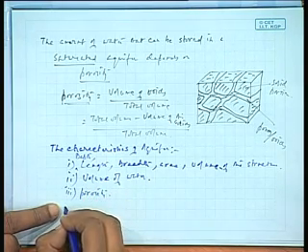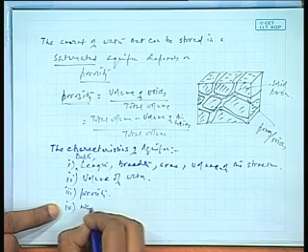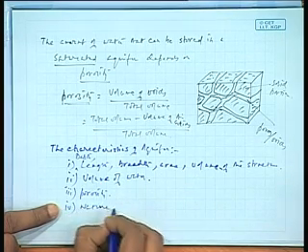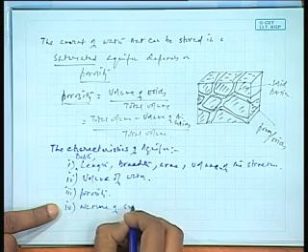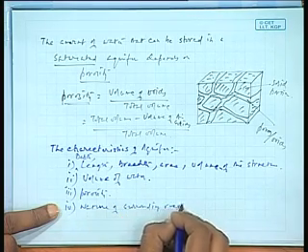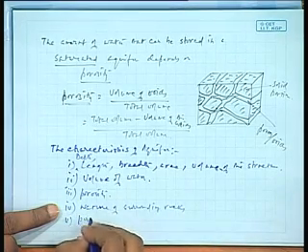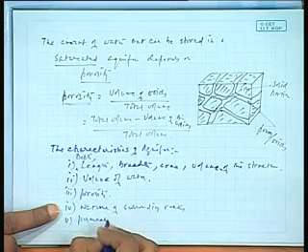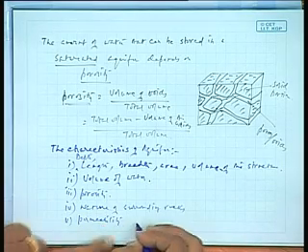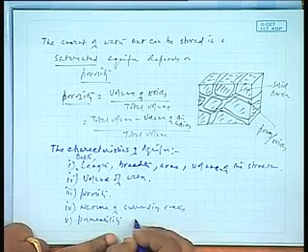Then the nature of surrounding rocks. In the nature of surrounding rocks, one very important thing is permeability. Permeability is one important thing.